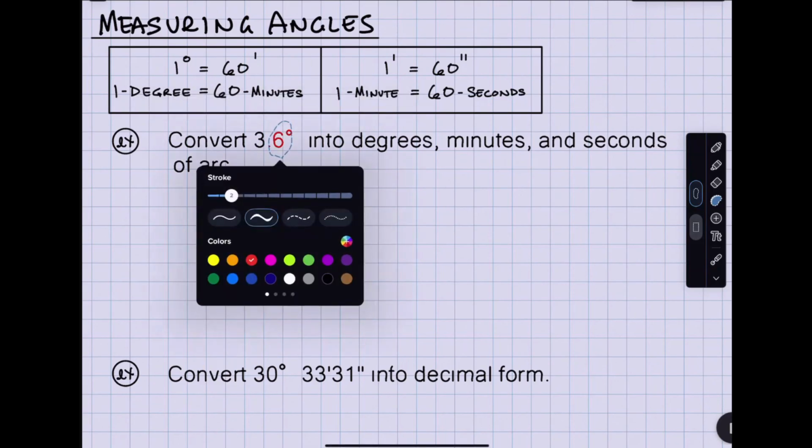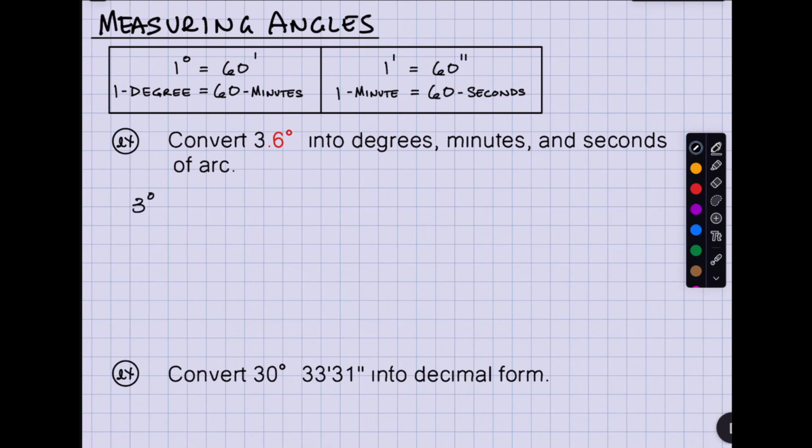I need to break down the 0.6 degrees. I know that 1 degree is 60 minutes.